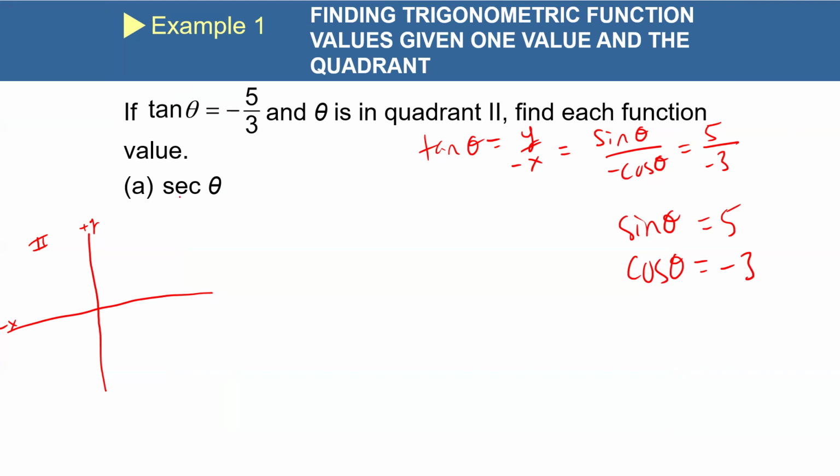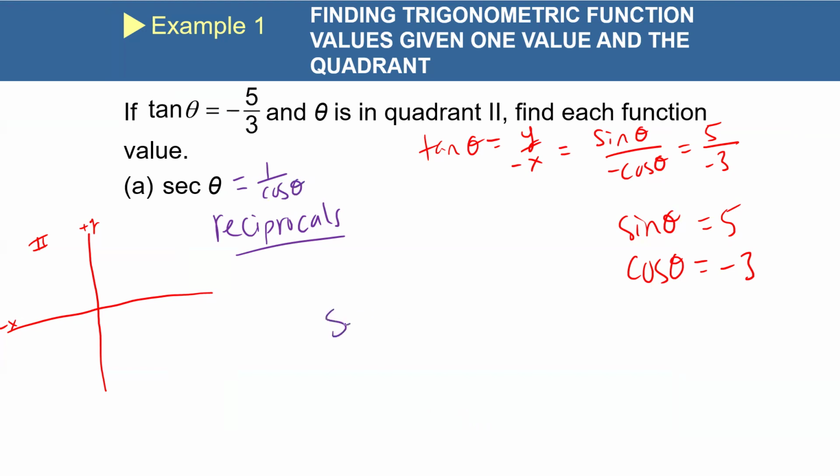So if I needed to find secant theta, which one of these would help me? Cosine, because what is the magic word? Reciprocals. Okay, so the reciprocal identity is secant theta equals 1 over cosine theta.